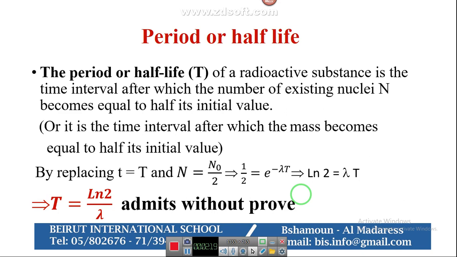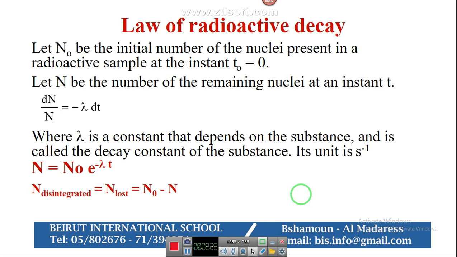By replacing t equal to capital T in the equation N equal N0 e to the minus lambda t, we said that N equal N0 over 2.